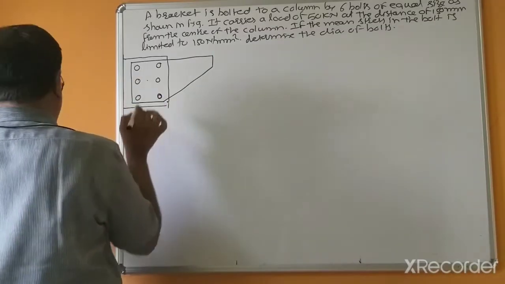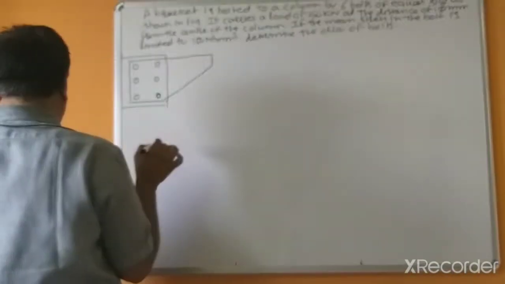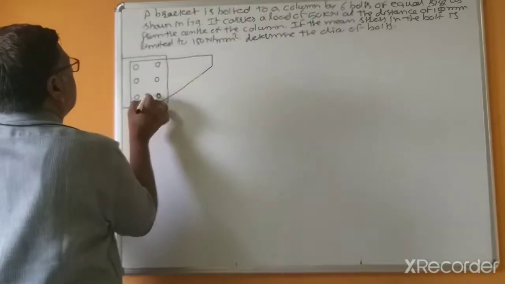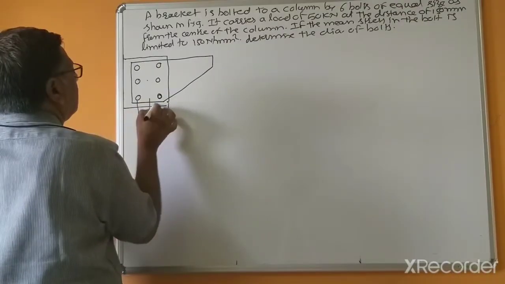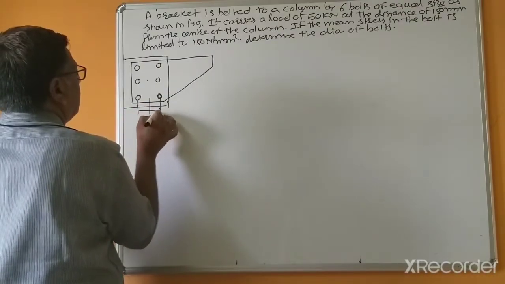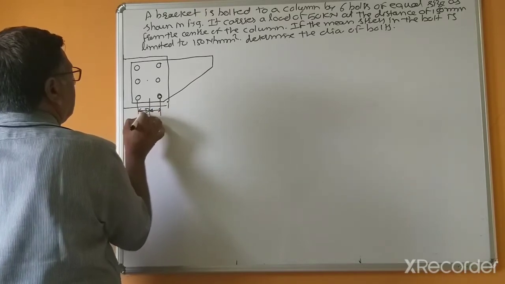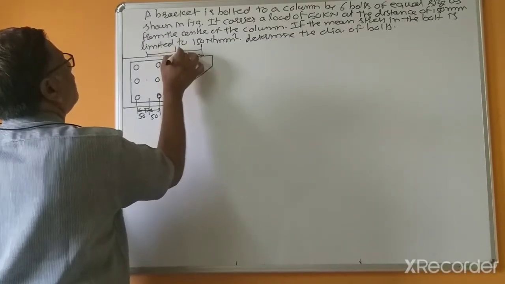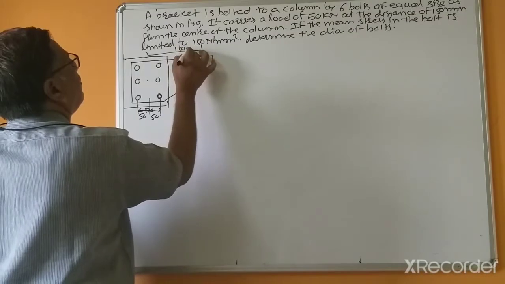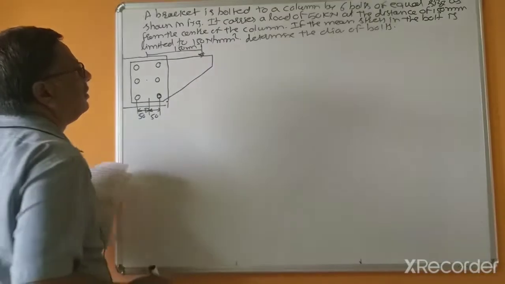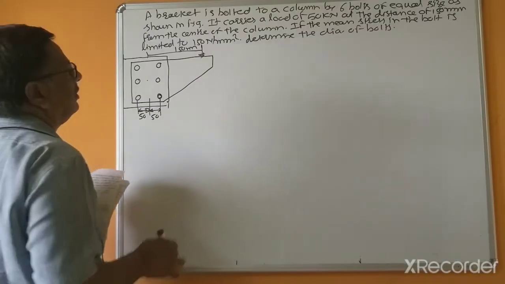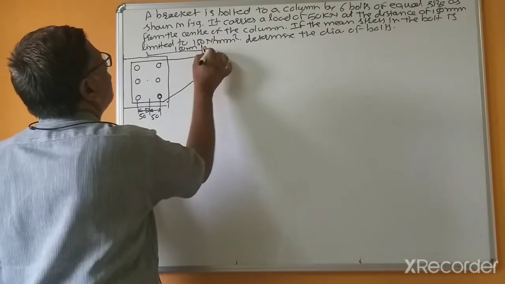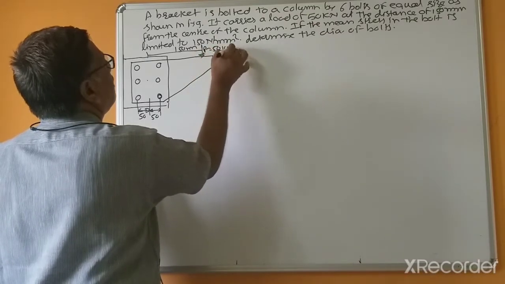Distance fifty, and this distance given 150 mm. P equal to 50 kilonewton.